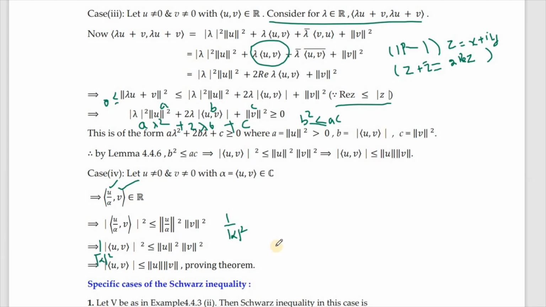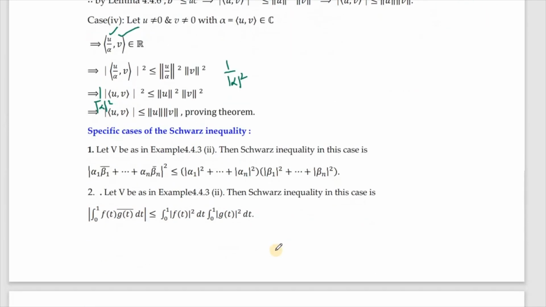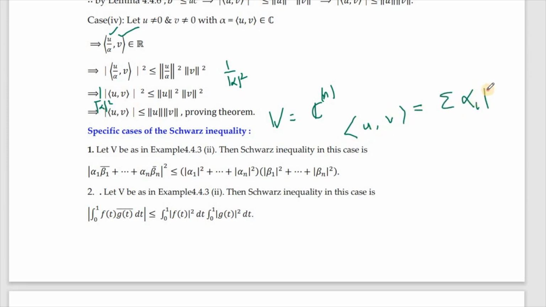As specific cases of Schwarz inequality, we have the following. The first one, we will consider V to be Cn. So in that case, what will happen to my Cauchy-Schwarz inequality? Inner product UV, we know very well from that example, is nothing but summation alpha i beta i conjugate, i ranging from 1 to n.